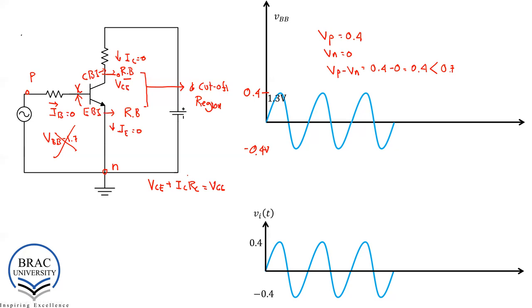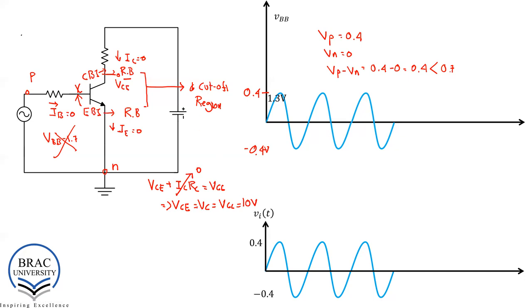So since IC is equal to 0, that gives us VCE or VC is in fact VCC. So let's say 10 volts. In our case, it was 10 volts.